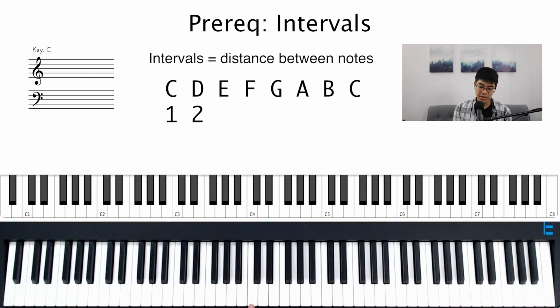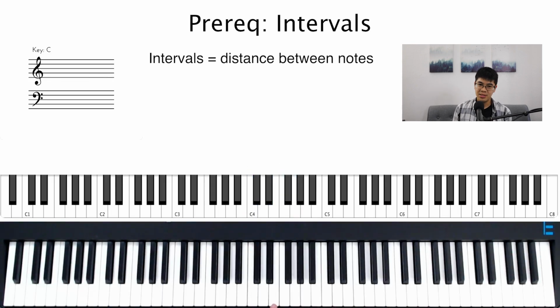The interval number between C and D is 2 because you count the C and then you count the number of notes between it. So C to D is 2. Another example is C to E is 3 because if you start on C and you count that, including that note, then it's 1, 2, 3. So the distance between C and E is 3. C to F is 4. C to G is 5, etc.